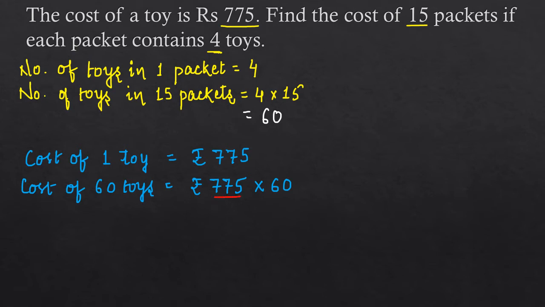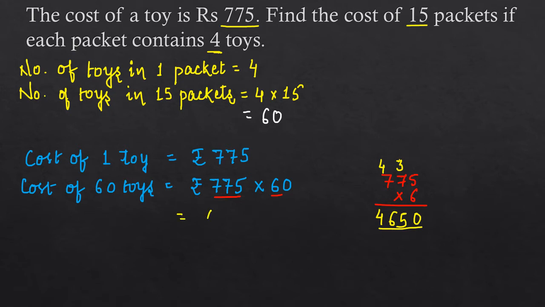So firstly we will multiply 775 by 6. So 775 multiplied by 6: 6 fives are 30, 3 carry, 6 sevens are 42, 42 plus 3, 45, 4 carried, 6 sevens are 42, 42 plus 4, 46.